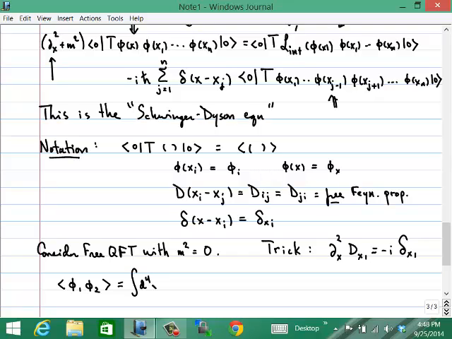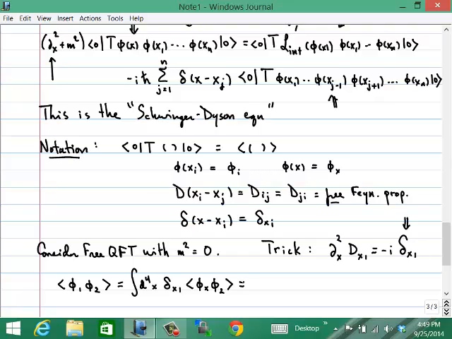I'm going to rewrite this as the integral d4x of a delta function that sets x equal to x1 times the two-point function between phi of x and phi of x2. I haven't done anything here. I've just introduced a delta function for no reason. But the reason that I introduced this delta function is that I'm now going to use this equation here to relate the delta function to the Feynman propagator.